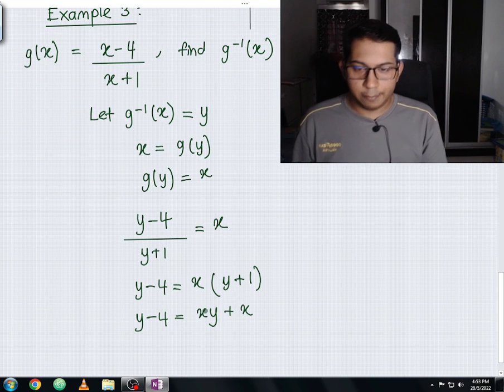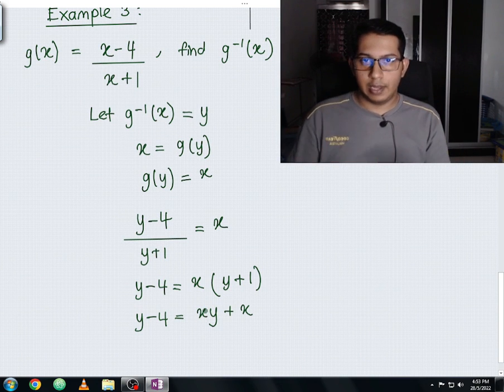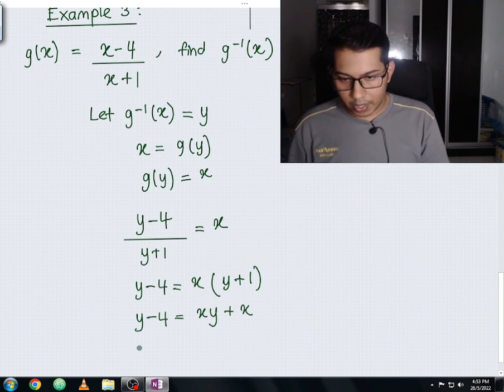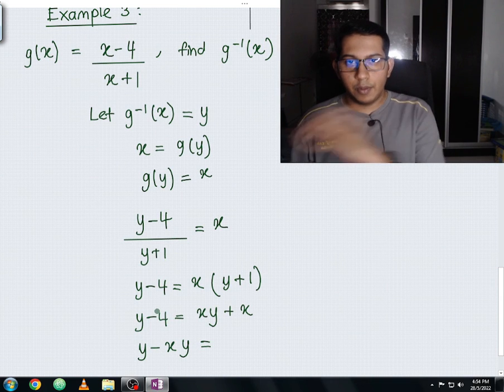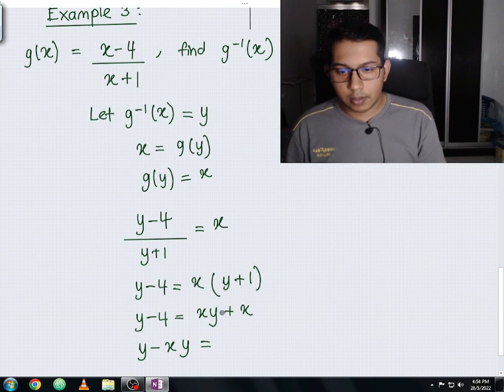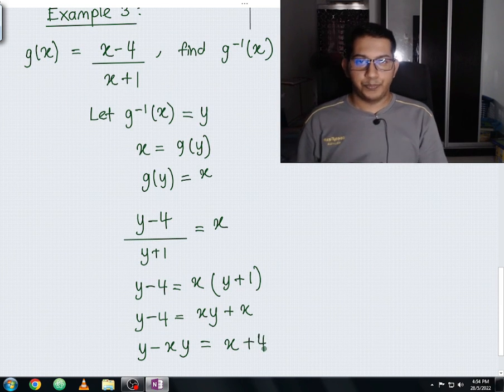This xy from the right hand side we move to the left hand side, so y minus xy equals, this negative 4 from the left hand side we move to the right hand side, so it becomes x plus 4.